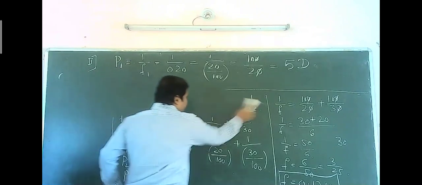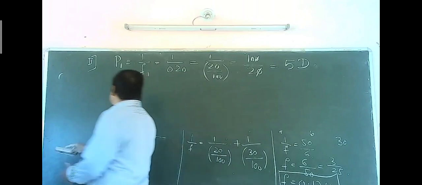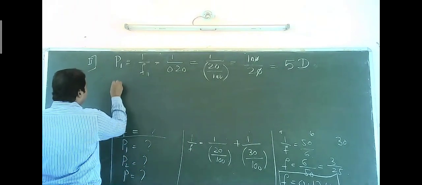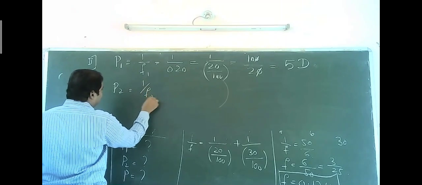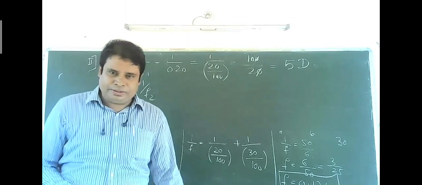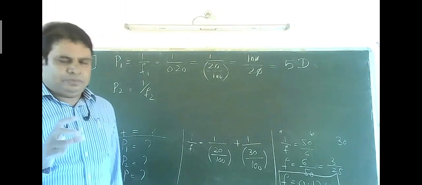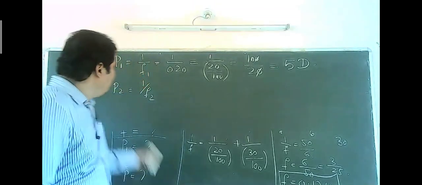What about P2? P2 will be equal to 1 by F2. Why have I used this formula? Hope you understand. The power is numerically equal to the reciprocal of focal length, correct?